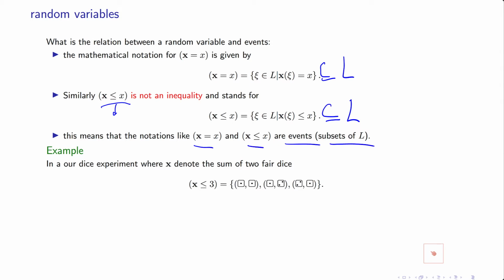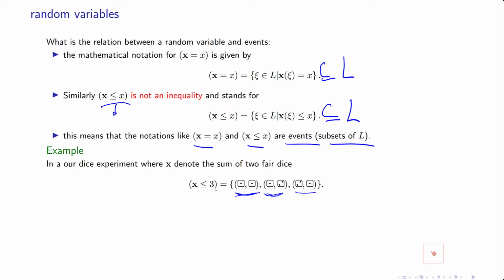For instance, in our experiment, if I say x smaller than or equal to 3 for the dice experiment, what are the possible faces of the dice which will produce a sum less than or equal to 3? If I get 1 and 1, I get less than 3. If I get 1 and 2, I get less than or equal to 3. Or if I get 2 and 1, I get less than or equal to 3.